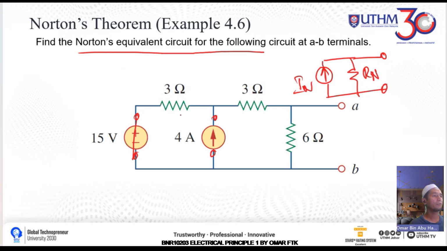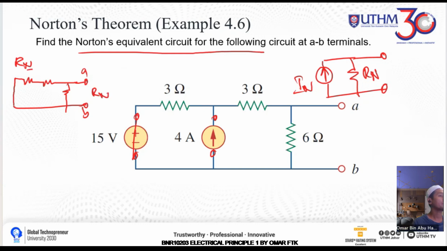If I draw again, short circuit, 3, 3, and then get 6, then you got AB. This is Rn, 3, 3, 6.